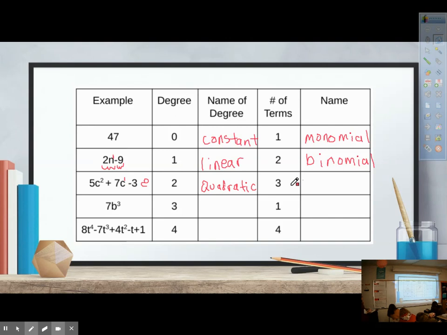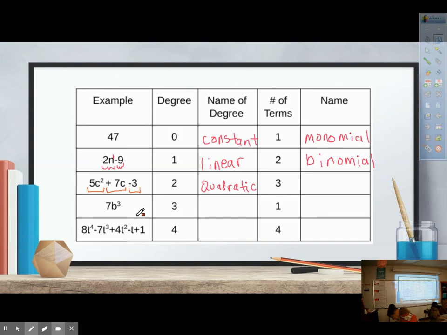And we already knew in chapter 1 that anything like x squared is going to be quadratic. Okay. Now the number of terms: it's the coefficient and the variable. So 5c squared is one term. Positive 7c is another term.